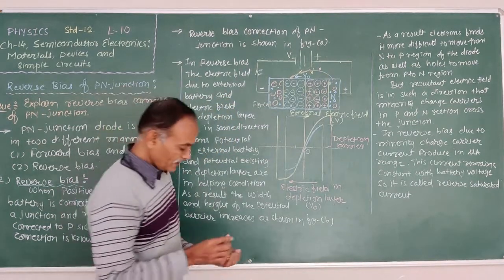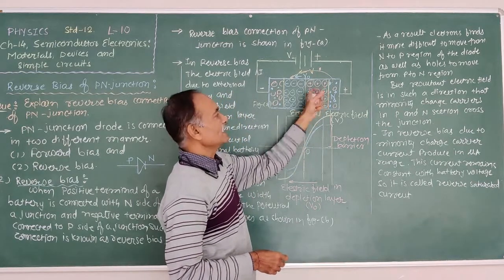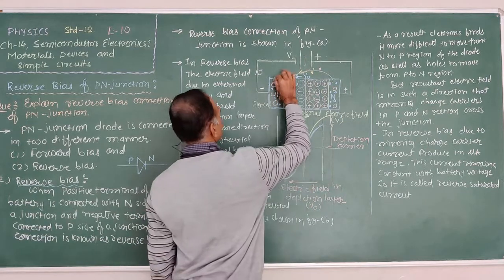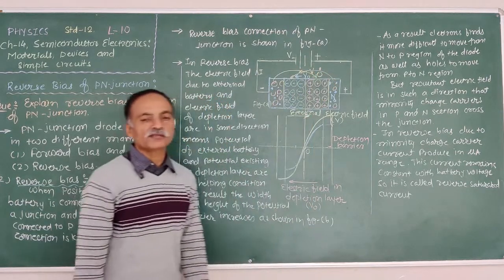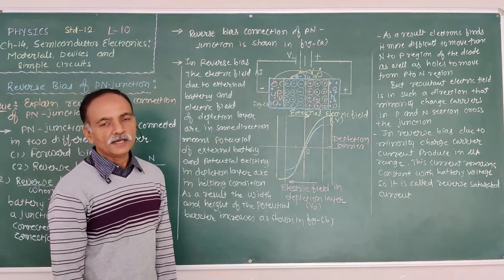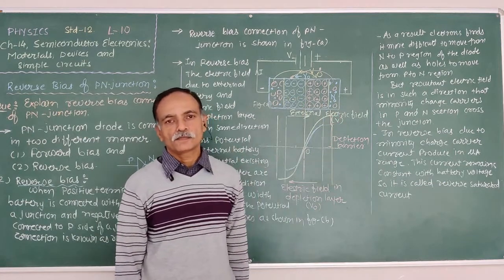In a similar way, the ionized positive charge deposited in the N region near the junction opposes the diffusion of holes from P to N. Therefore, the diffusion process is stopped.